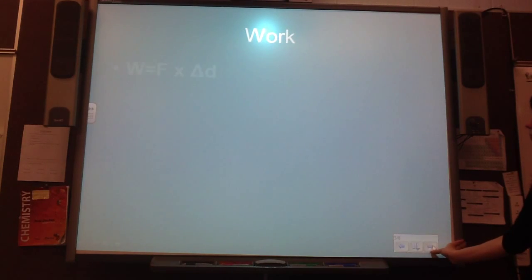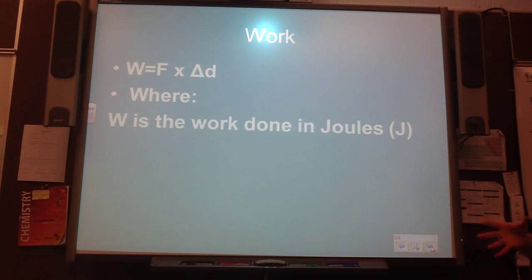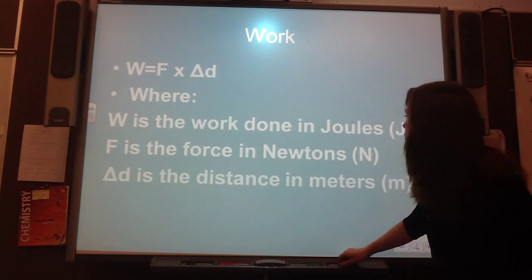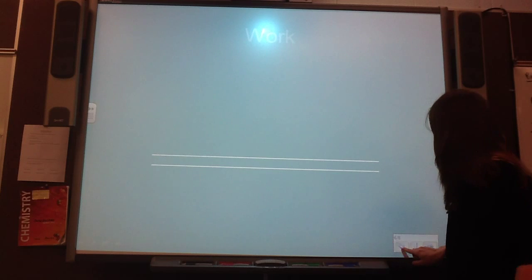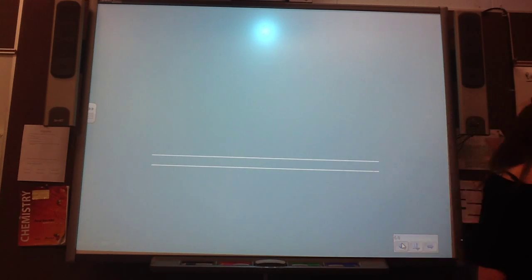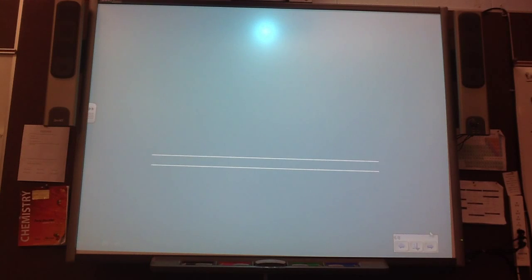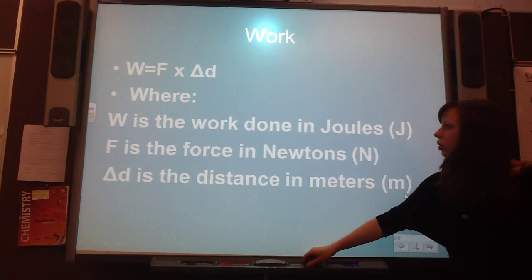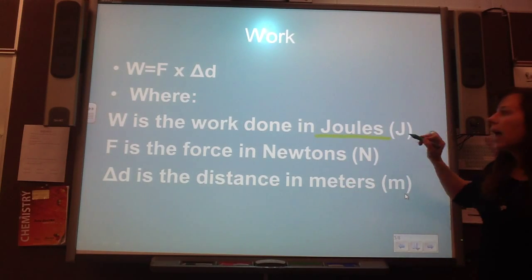So this is our formula, where W means the work, and it's done in joules.